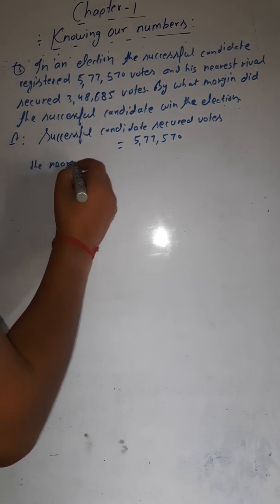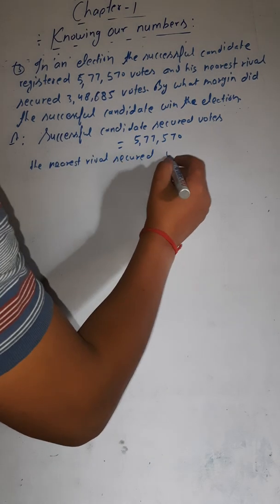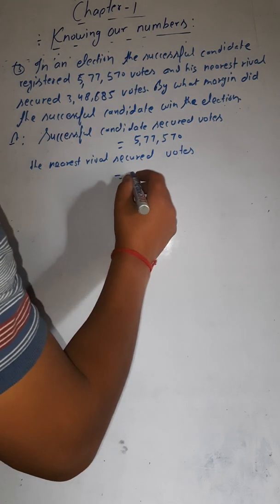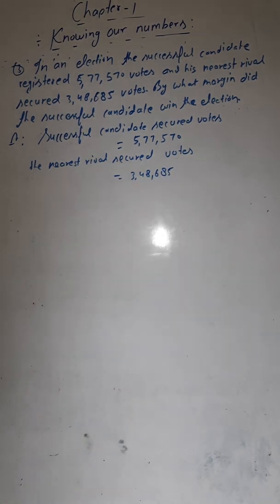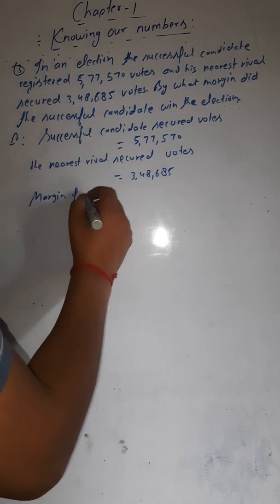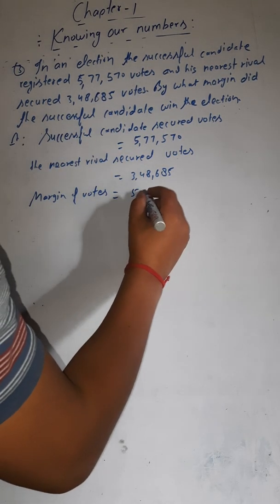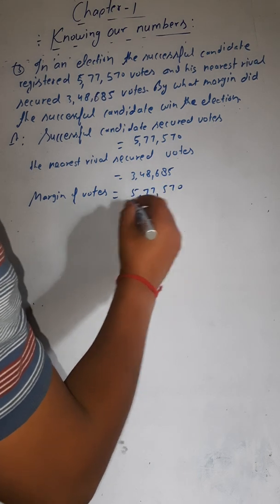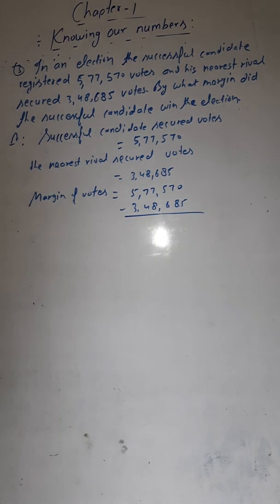The nearest rival secured votes is equal to 3,48,685. Now you have to find out the margin of votes. Margin of votes would be equal to this and this. You are going to subtract 5,77,570 minus 3,48,685. You would get your answer. So this is how the question will be solved.